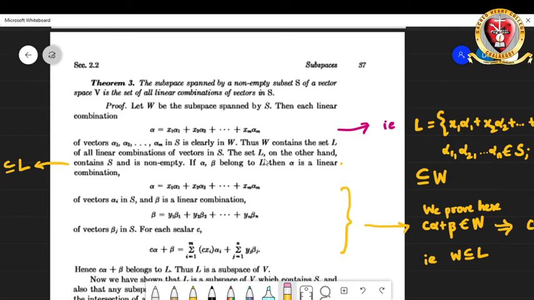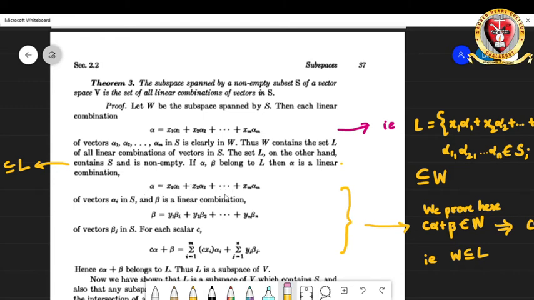So L is non-empty. Now, if alpha and beta belong to L, then we know that elements inside L are linear combinations of elements of S. So alpha and beta will be linear combinations of alpha 1, alpha 2, etc., which is what is written here.